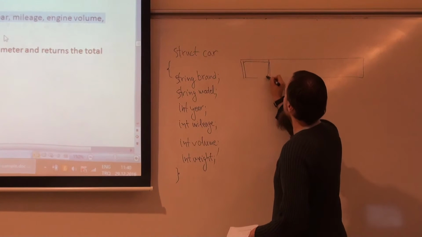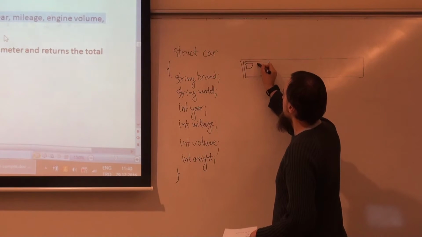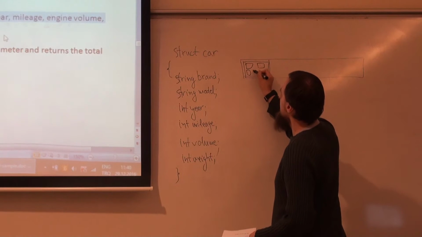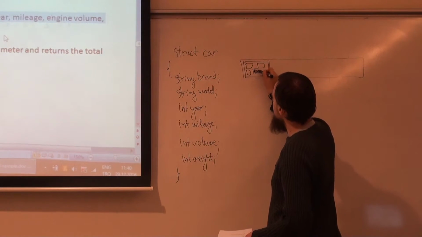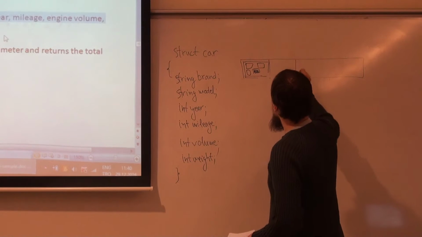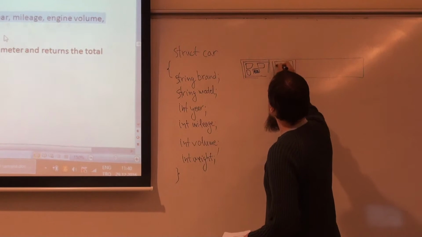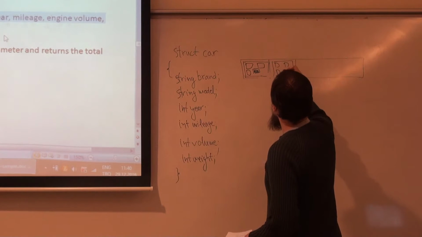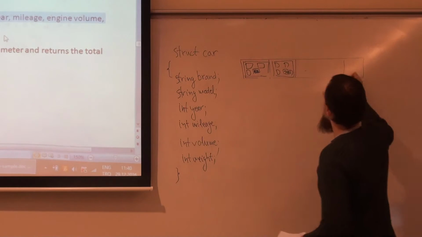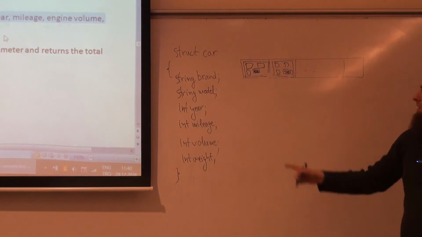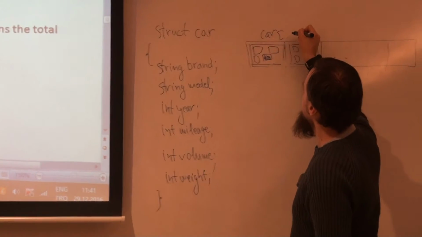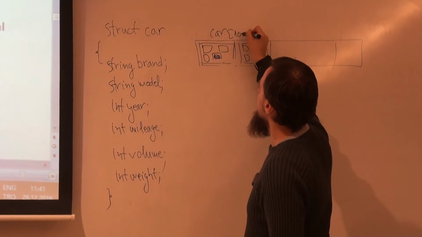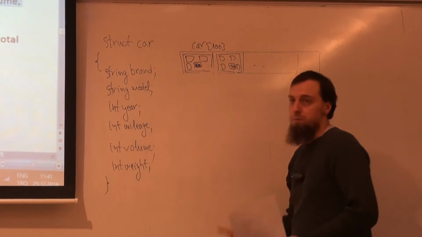I mean, we have the brand here, we have the model, and we have the volume. If the volume is greater than 1600, so let's say it's 500 here, and so on. We should check the volume. And this is a built-in array of cars. Let's say 100 cars.